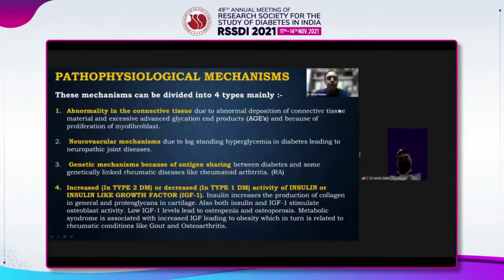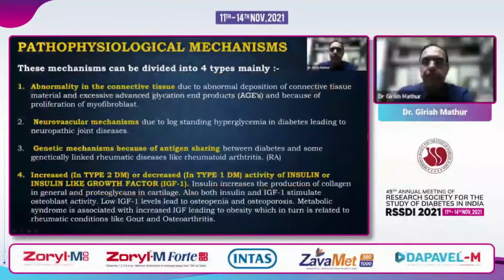If we talk about pathophysiology, four mechanisms are suggested. One is abnormality in the connective tissue due to abnormal deposition of connective tissue material, excessive advanced glycation end products, and proliferation of myofibroblasts. Another mechanism is neurovascular, due to long-standing hyperglycemia leading to neuropathic joint disease.